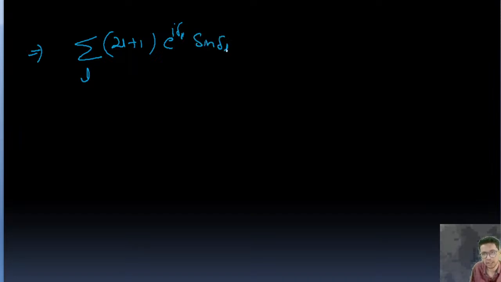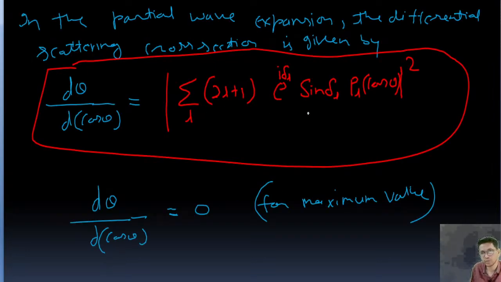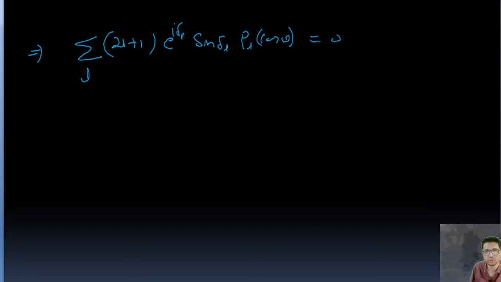So it means sigma L (2L plus 1) e to the power i delta L sine delta L P_L cos theta equal to 0. Because this is mod square, this value is going to be equal to 0. Very simple thing. So we'll take L equal to 0 first. It's a very good question, guys.